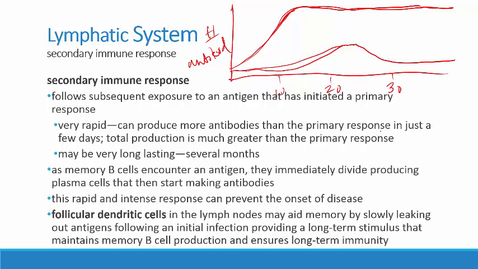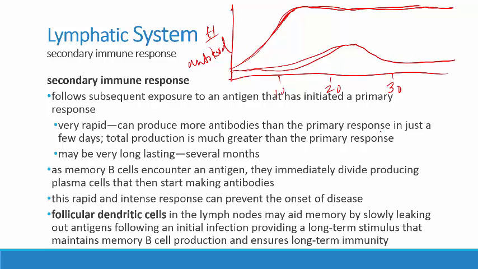And of course, as the memory B cells are dividing, they're producing plasma cells, and they're producing more memory B cells that are going to be right there hanging around. So it's a chance to also increase the number of memory cells that are around too.